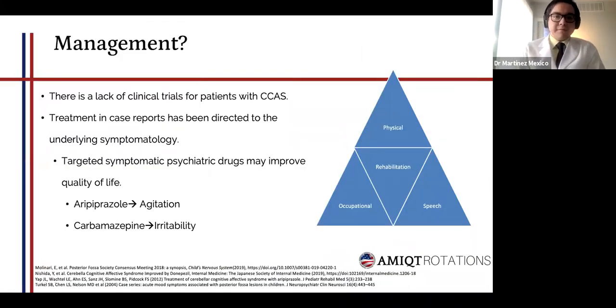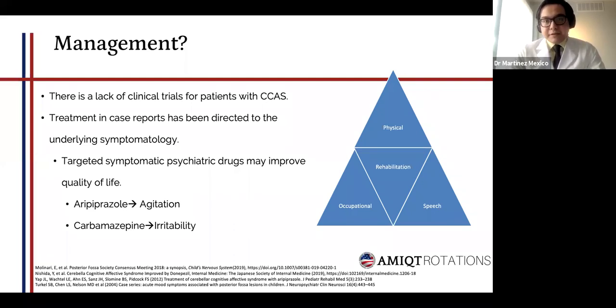So based on all this information, the management of these patients, unfortunately, is unclear because of the lack of multi-center clinical trials. However, some case reports have been done. Actually, in 2019, Dr. Nishida in Japan, in the Japanese Society of Internal Medicine, published a case report of using donepezil on a patient with cerebellar cognitive affective syndrome.